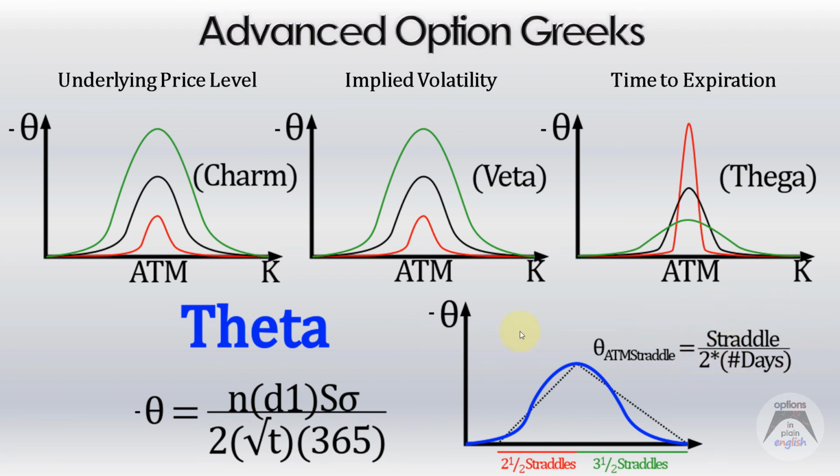The rest of the time, so if you have a 45-day position, for example, you can calculate the theta of the straddle, and by getting the theta of the straddle, you're going to be able to get the theta for the call and the theta for the put, and the theta for the call and the theta for the put are going to start declining in this approximation linearly, and you're going to be able to calculate the theta for any strike price in this area.